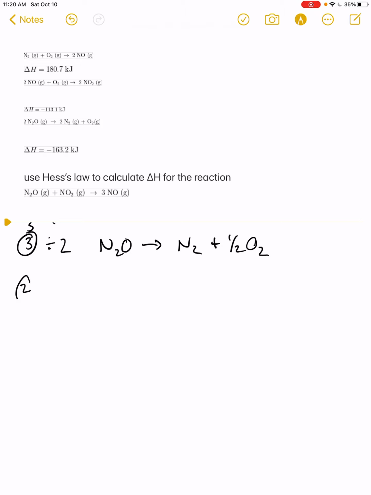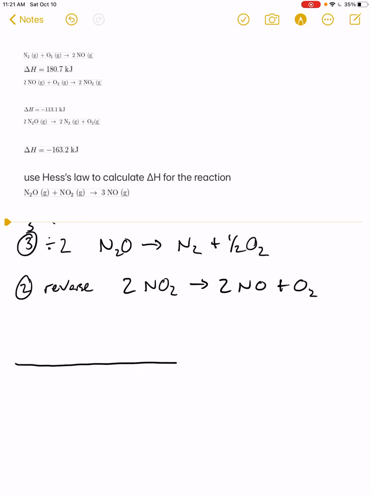So if I take number 2 and reverse it, I get 2NO2 goes to 2NO plus O2.